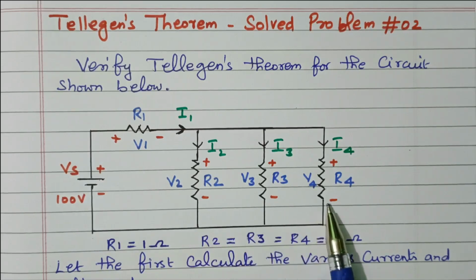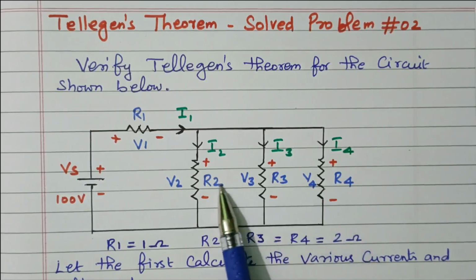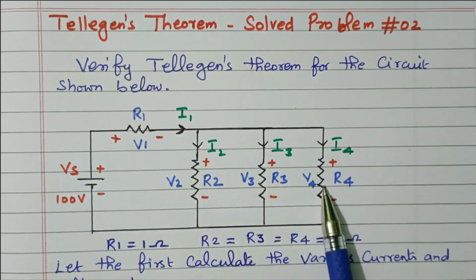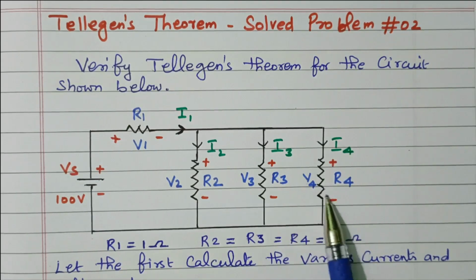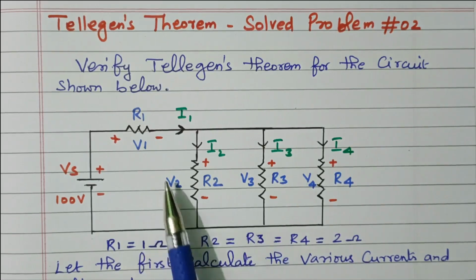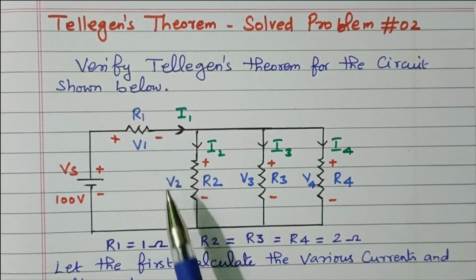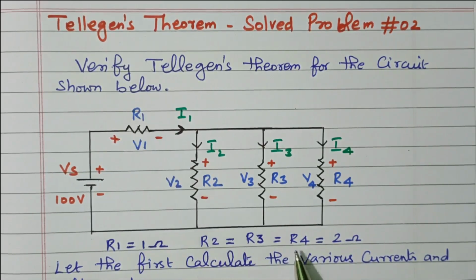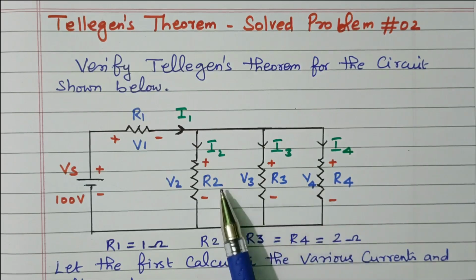So in this circuit, by analyzing, it is clear that these 3 resistors are connected in parallel. R2, R3, R4 are connected in parallel, and it is given that the R1 value is 1 ohm. R2, R3, R4 are 2 ohm each. All these resistors have the same value, 2 ohm.